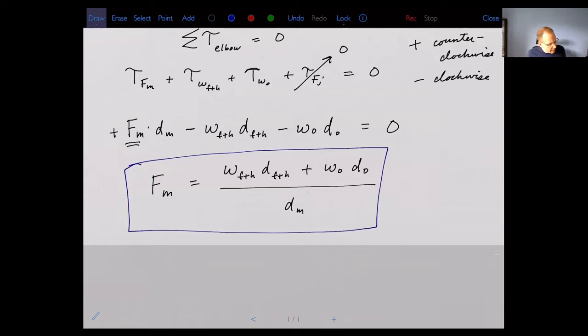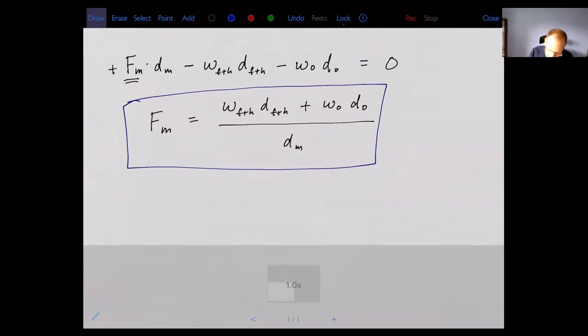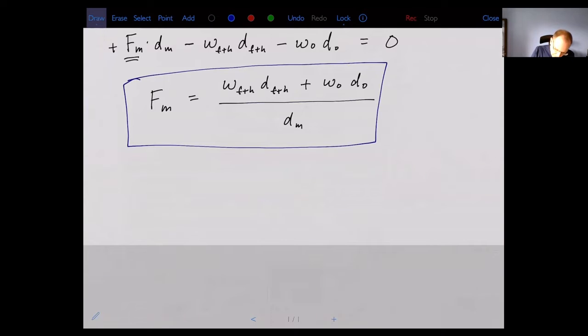Now there's another way I want to write this. Remember, ultimately, when we look at that mechanical model, we want to determine what's happening with the muscle force as we change the weight of the object that's in the hand. So I can write this equation another way so I can see that relationship more clearly. It's the same equation, I'm just going to rewrite it in a slightly different way.